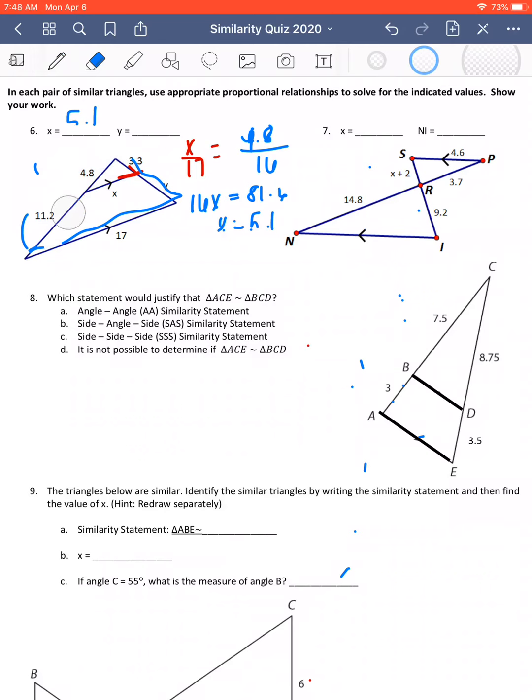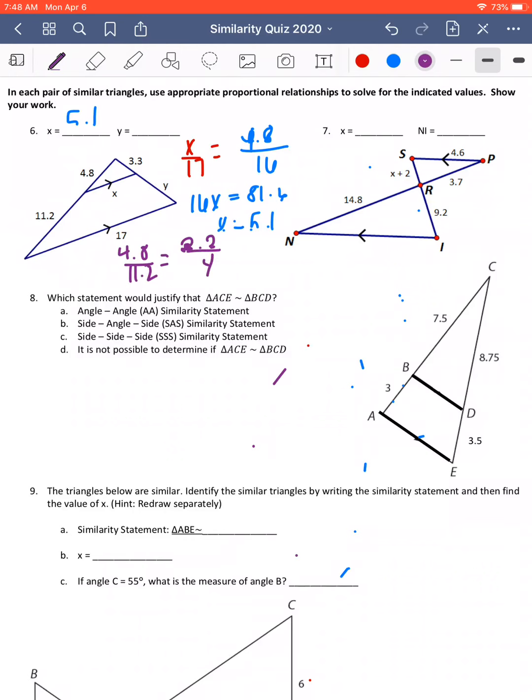Then to solve for y, you can do it part to part or whole to whole. For that one, I would do piece by piece. There are different ones you can use: 4.8 goes to 11.2, piece to piece, as 3.3 goes to y.